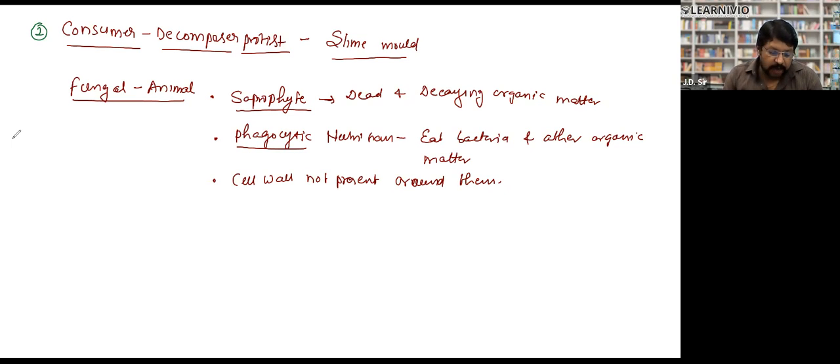Sometimes they become phagocytic and feed on bacteria or some other organic material.